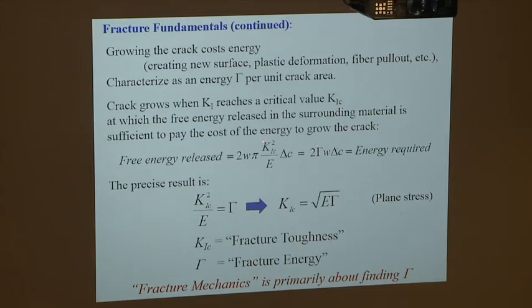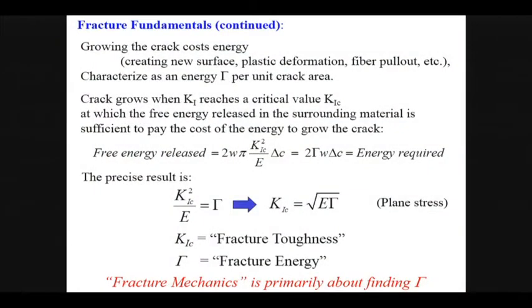Everything cancels out. And we get a critical value for the energy release that is the square root of the modulus times this energy. And this is for plane stress. And so K1C is the fracture toughness, and gamma is the fracture energy. And in fracture mechanics, I tend to think about fracture mechanics as mainly figuring out gamma.